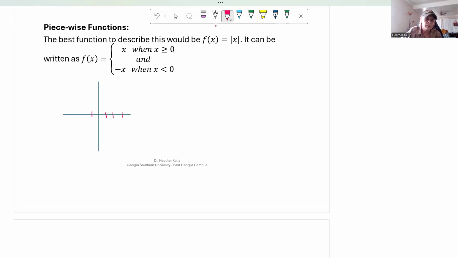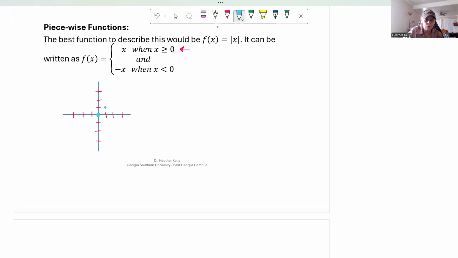starting at 0, 0, here when x is 0, greater than or equal to 0. So when x is 0, we get 0. When x is 1, which is greater than or equal to 0, we get 1.